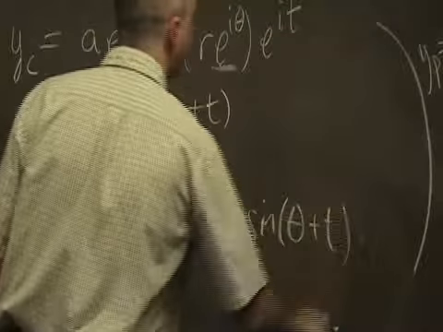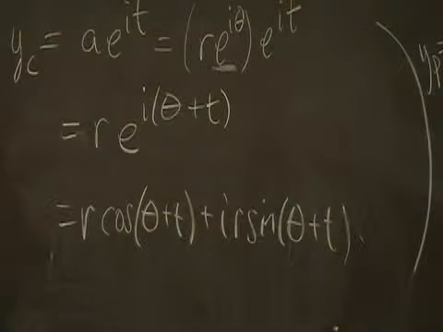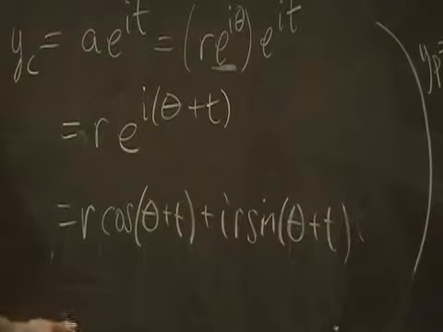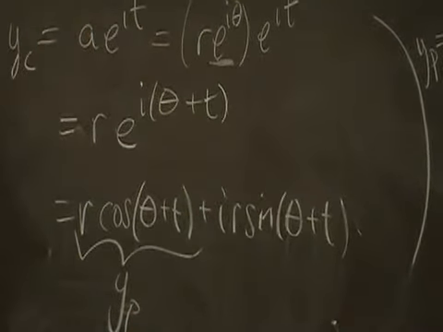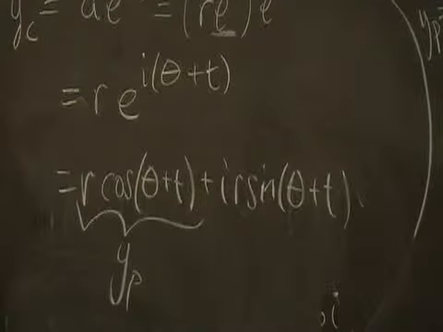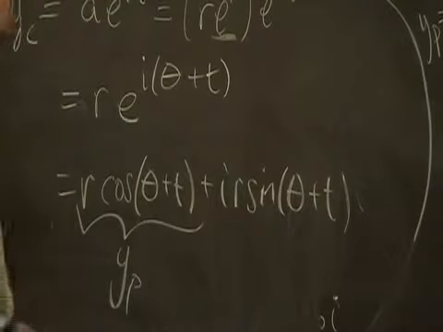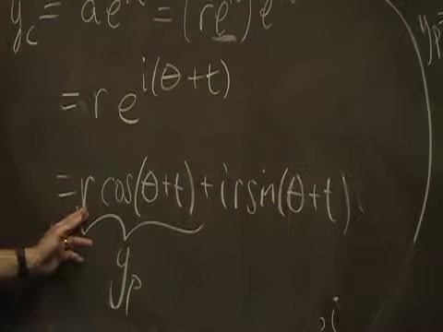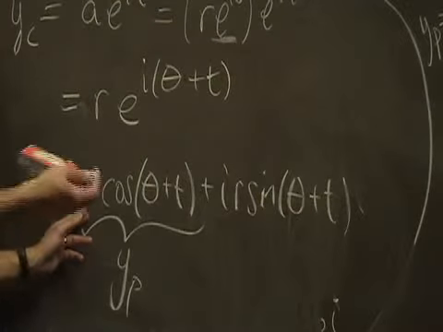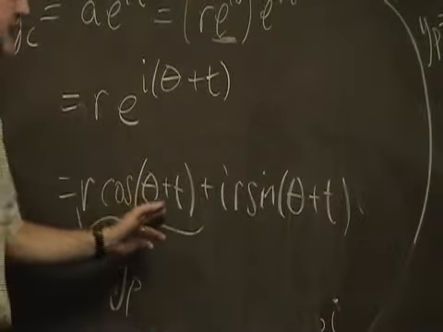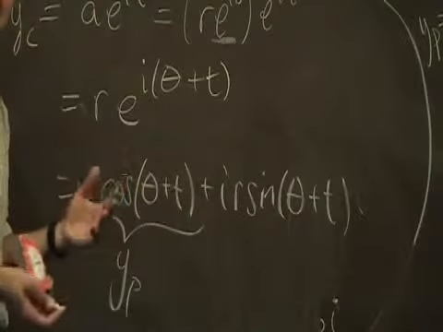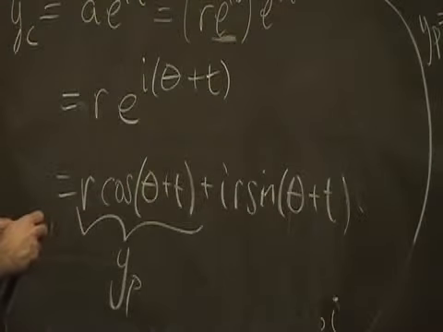And recalling that our yp was the real part of this function, this thing is yp. It is the same function. So that's telling us that we can represent our yp as r, the modulus, which I said was the amplitude, times cosine of, well, maybe write this as t plus theta. The theta, in a sense, is the phase shift.